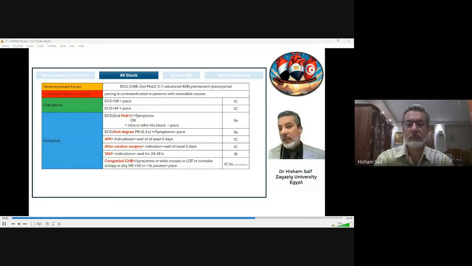The sixth exception is in patients with congenital complete heart block who are known for a stable, higher escape rhythm with no symptoms. In those patients, any of the following indicates pacemaker insertion.